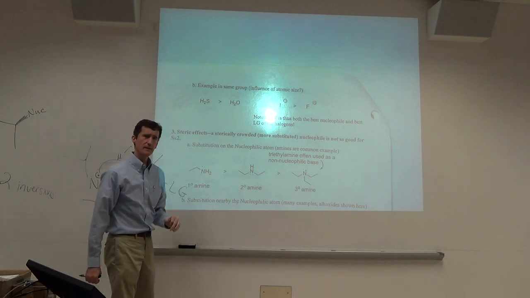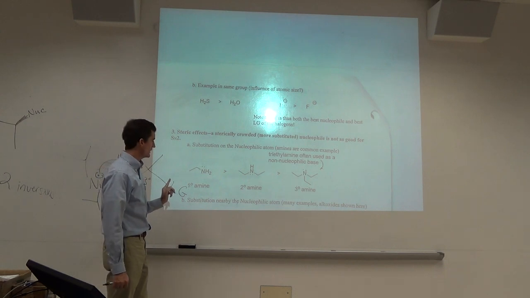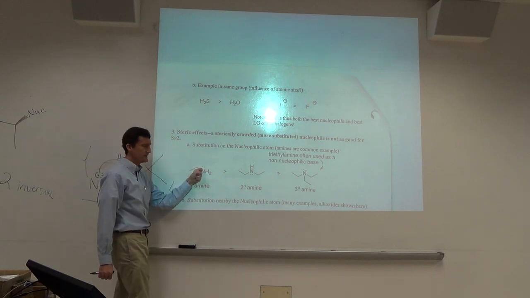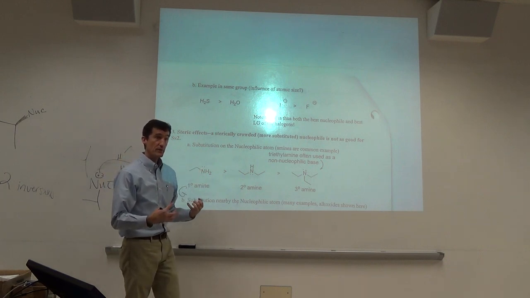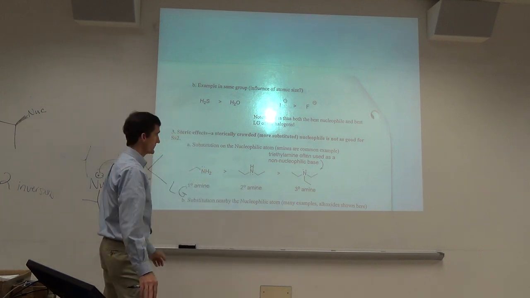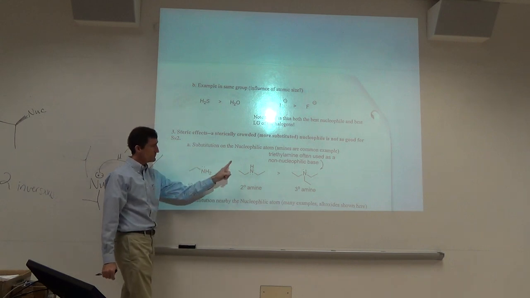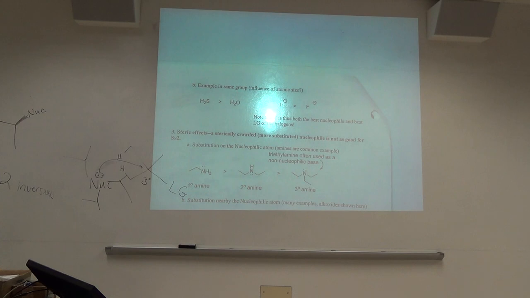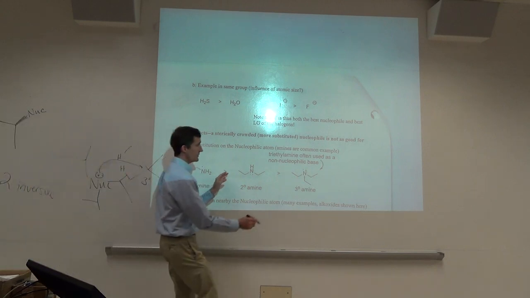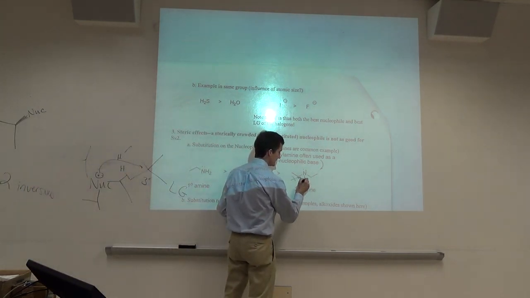Now I know somebody's thinking, well, what about induction effects here? Because we're talking about the lone pair being nucleophilic. The more electron density on the lone pair, the more it's going to go attack the plus. Which nitrogen has the most electron density? Actually the tertiary, because you've got all these groups donating.